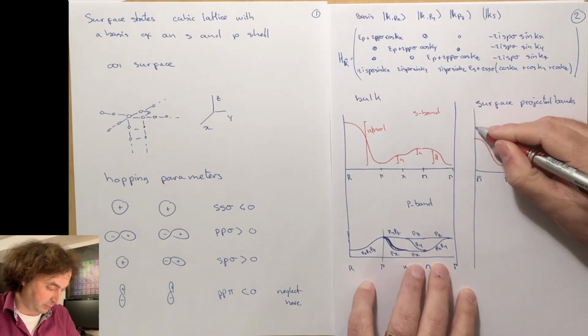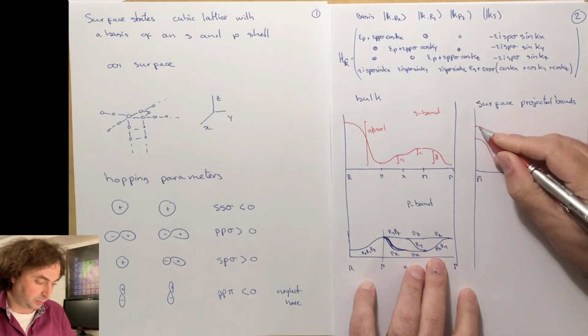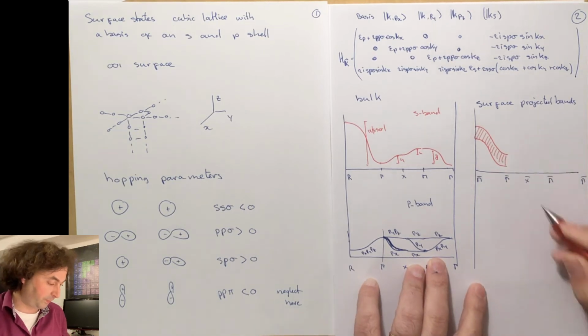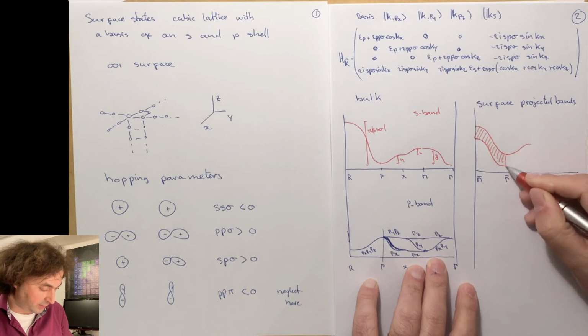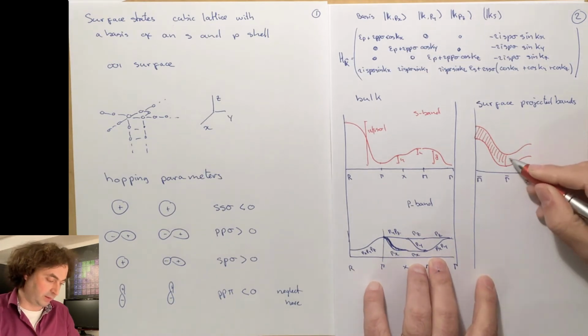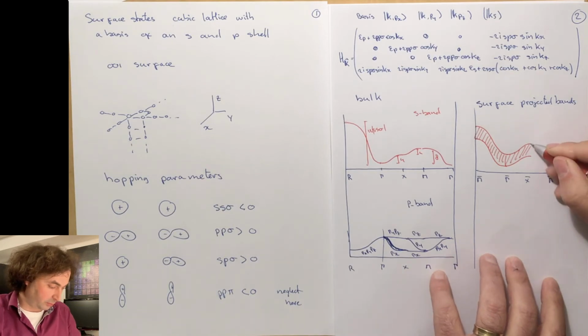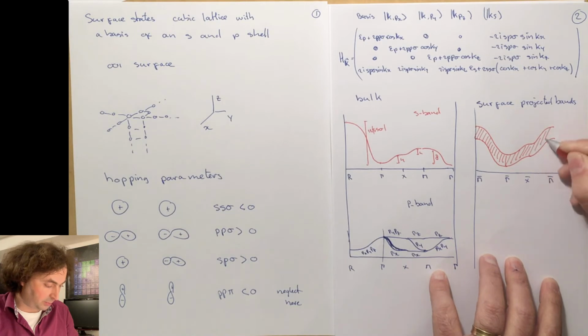So if we look at our bands, we have here a dispersion of 8 ss sigma, both for kz is 0 and kz is equal to pi over a, and all states in between are allowed. Then from gamma to X we have a dispersion of 4 ss sigma, both at kz is 0 and kz is pi over a. And from X to M we again have a dispersion of 4 ss sigma.